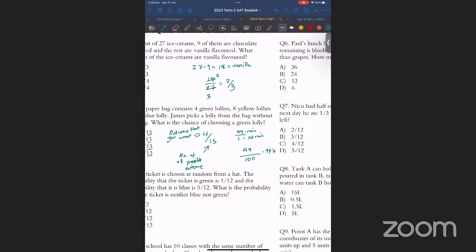Do you guys understand? Who doesn't understand? Could you tell me which part you do not understand? I don't really understand the part where you get the possible outcome.